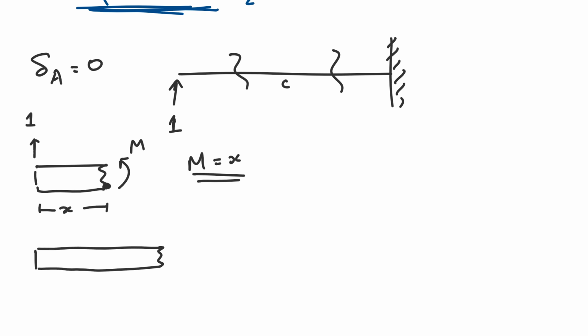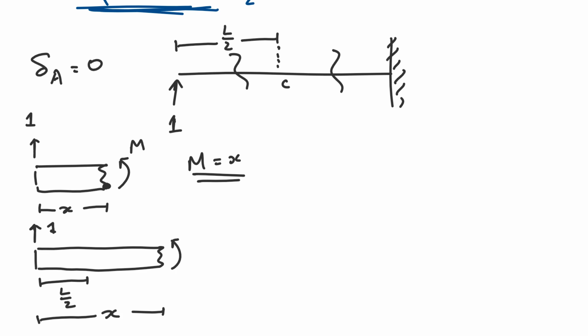And now this distance right here is L over 2. If you remember from before, you can always look back. So we're going to have L over 2 here. And then this distance, again, is going to be X. And again, we are going to have a unit load. Same thing. We're going to have a bending moment. And if you can see, it's just going to be the same thing. It's literally going to be the same thing because nothing has changed.